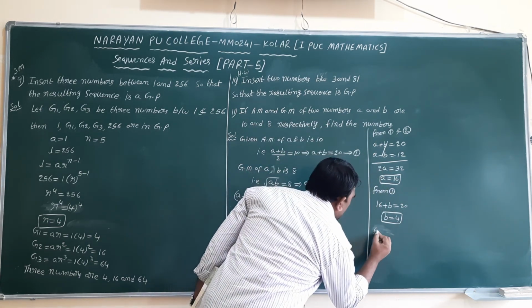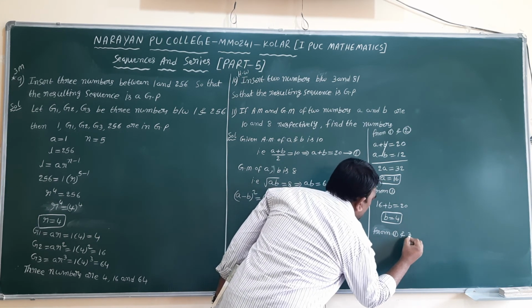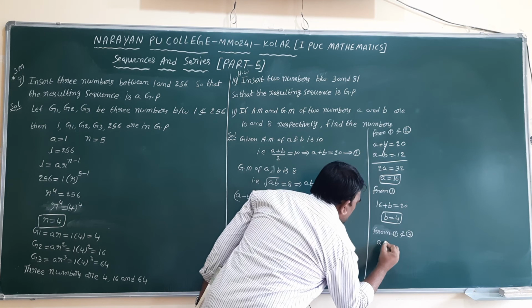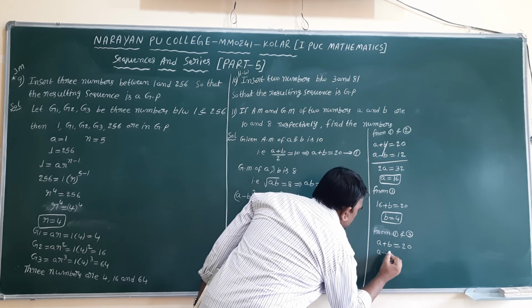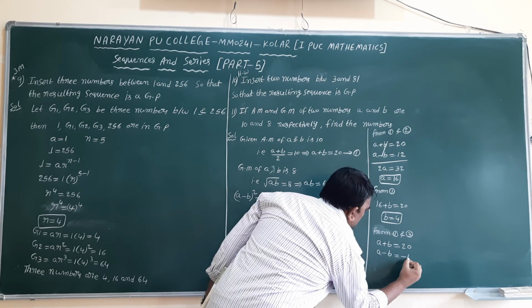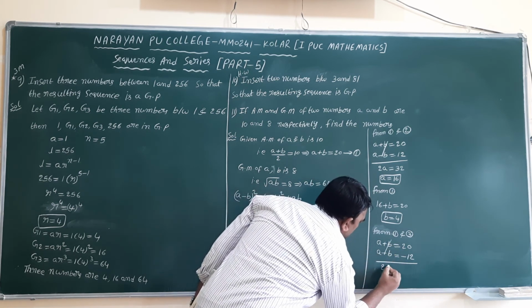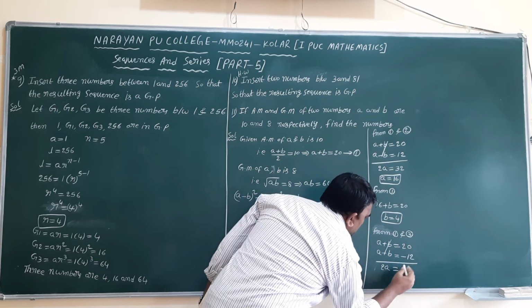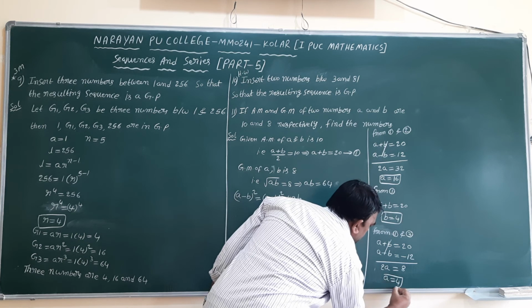Next from 1 and 3. A plus B equal to 20. Third equation, A minus B equal to minus 12. Add these two, B cancels. 2A equal to 20 minus 12, which is 8. A value 4.